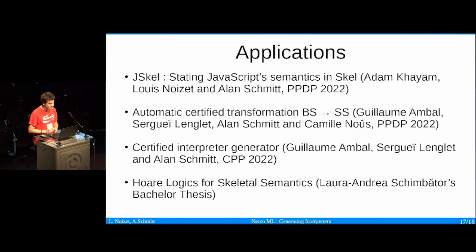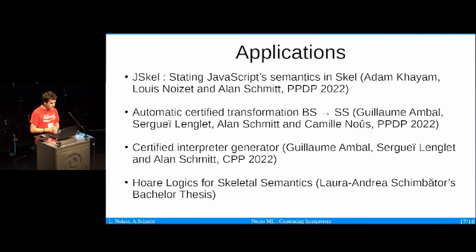Necro has already had some applications. First, JSkel is a project which consists in stating JavaScript semantics in Skel, and that's why we developed NecroDebug actually. It's ongoing work, but already there are a lot of actual JavaScript programs that can be interpreted using Skel and NecroML into a working interpreter.